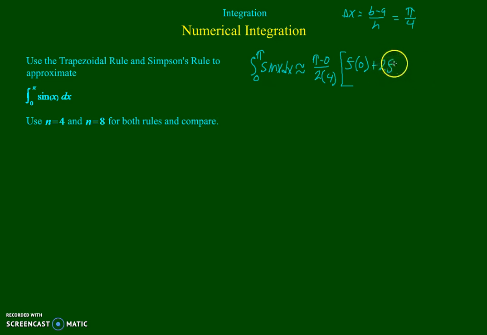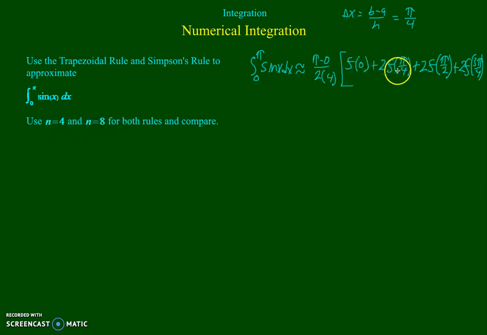So it's 2 times f of pi over 4, plus 2 of f at the next increment, which is pi over 2, and then we have another one, plus 2f of 3 pi over 4, and we have to have 4 because we're using 4 subintervals.